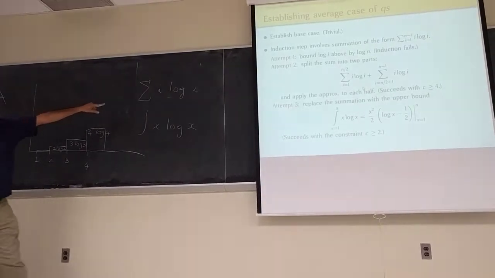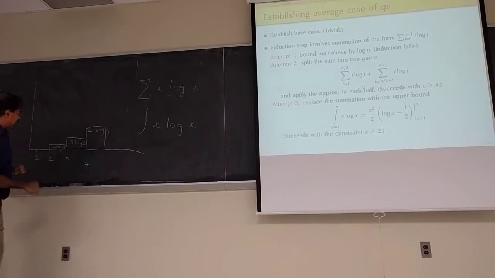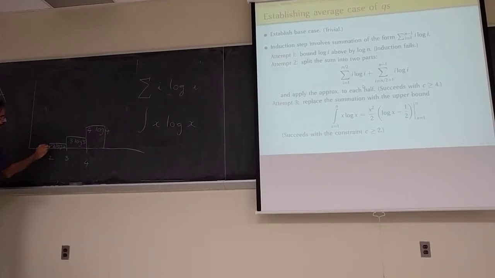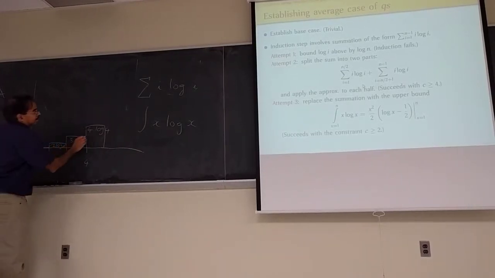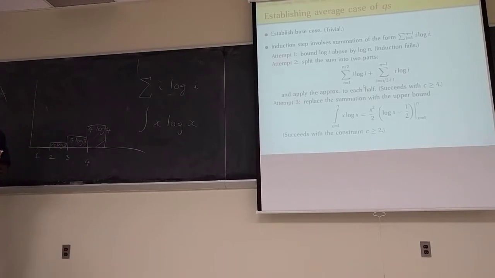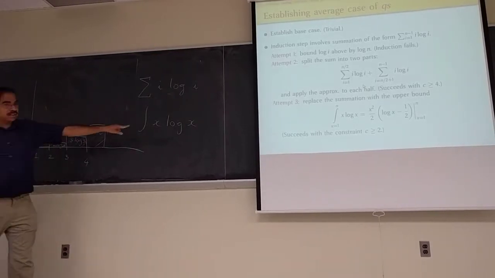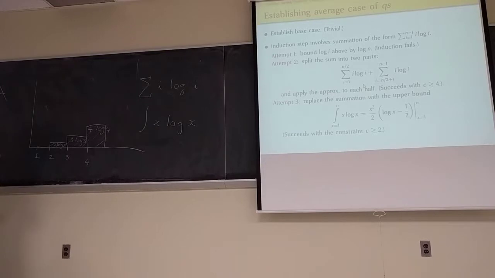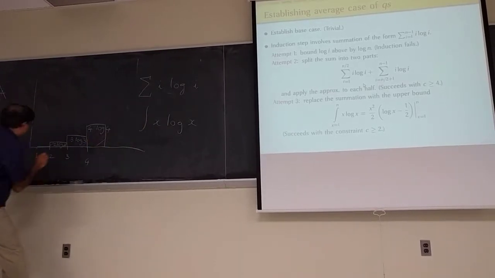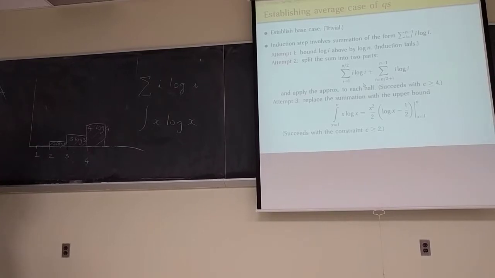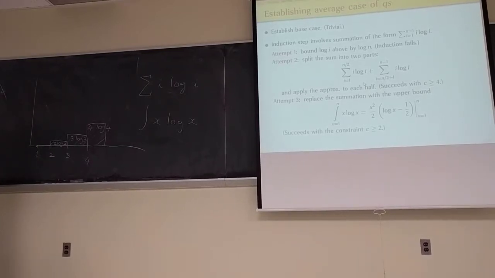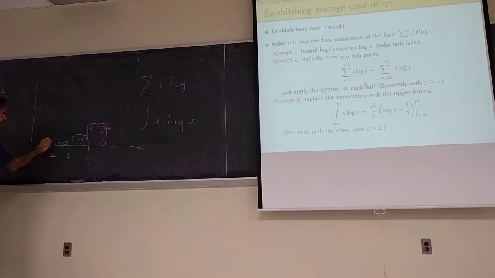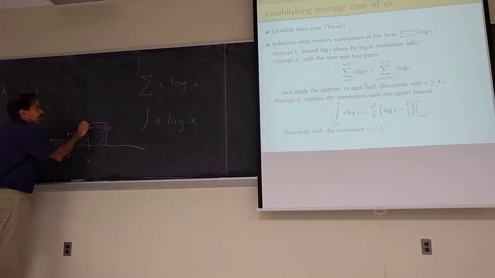So the discrete sum that we are talking about is the area under these bars. Now, the integral is calculating the continuous sum. So at x equal to 1, the continuous function is going to be there. At x equal to 2, it's going to be here, and so on.